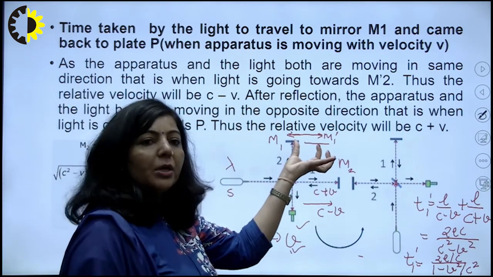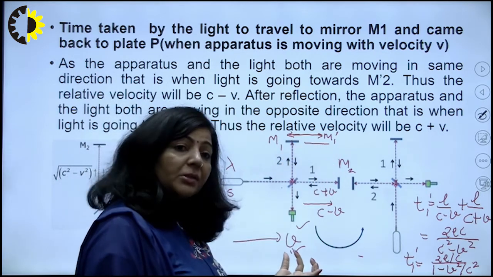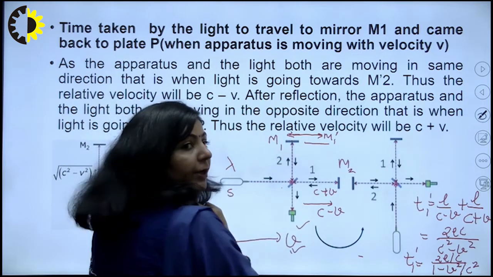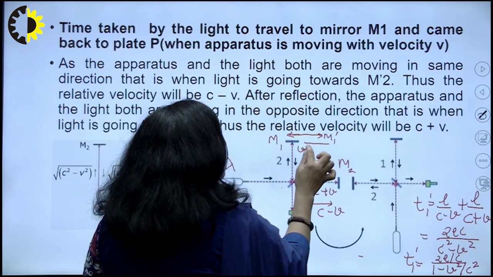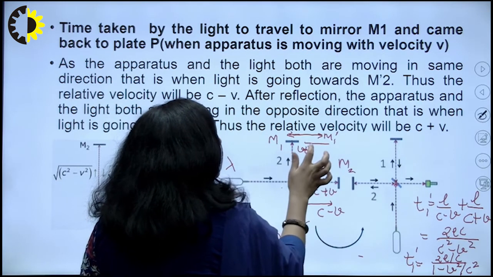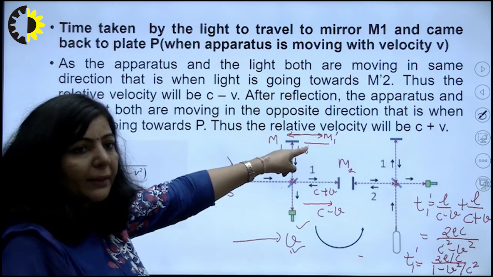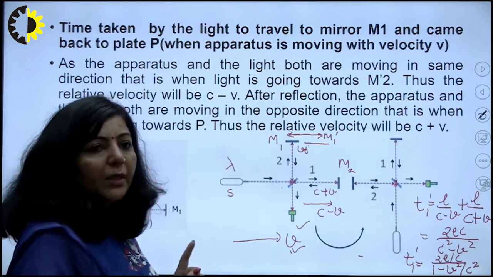This position is occupied in time t dash with this speed, so this displacement M1 dash will be Vt dash, because in t dash time the new position is occupied by the mirror with speed v.